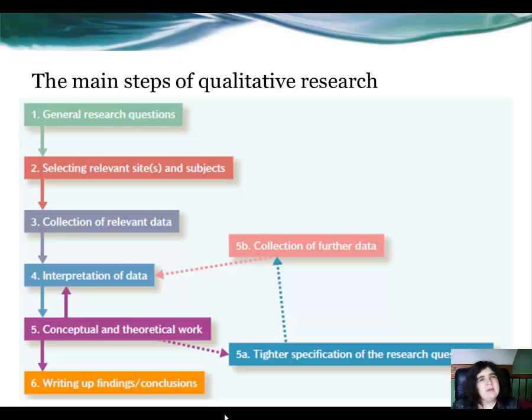Now, at this stage, you have a two-pronged direction. You can either write up your findings and conclusions as a result of the data gathered, and then the theory or the concepts emerging from that data, or you might decide to go and gather more data on the basis of a tighter research question rather than one that was general.